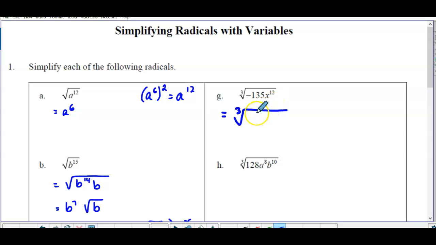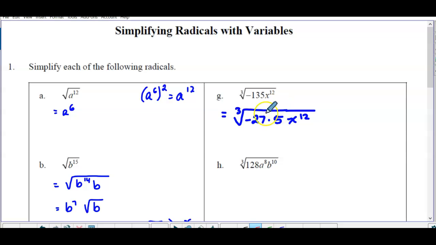Yeah, so 27 is a perfect cube that's a factor. I'm going to make that negative 27, so I can get rid of the negative, get it out of the radicand. And then x to the 12 is a perfect cube because it's a multiple of 3, so I'll leave that.